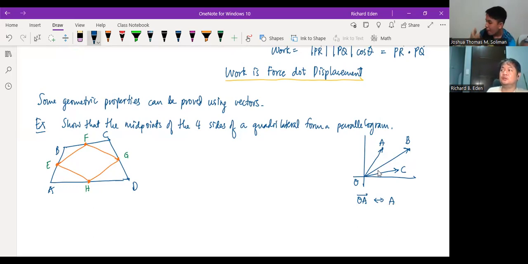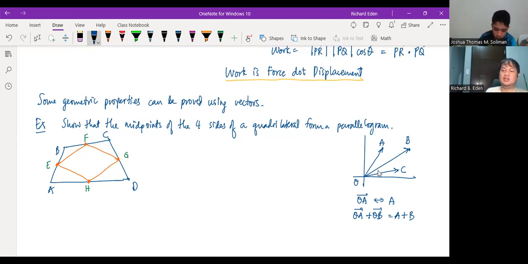Therefore, to ease the notation, when you have to write down OA plus OB, we can simplify the notation by writing that as A plus B. When you write down A plus B and you wonder, what does that mean? A and B are points, so that would mean we are adding the vectors OA and OB.